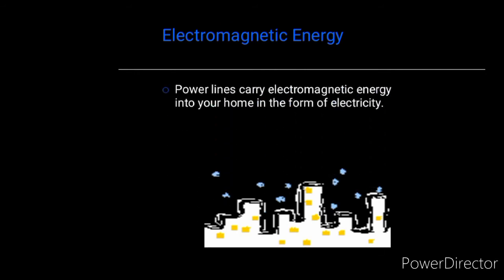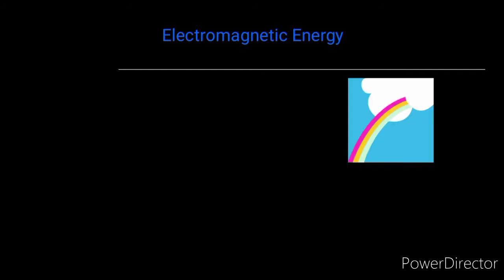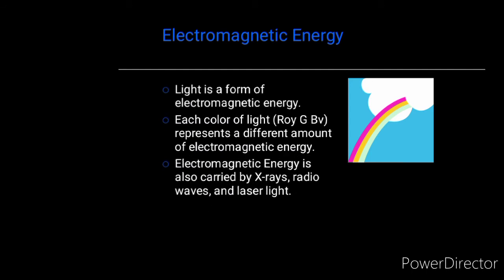Then let's look at electromagnetic energy. When we talk of electromagnetic energy, we're talking about electricity, mainly electricity, okay? Then sometimes they're connected with magnetic field, but we're talking about mainly what? Electricity. Power lines carry electromagnetic energy into your home in the form of what? Electricity. True or false? True, you already know that.